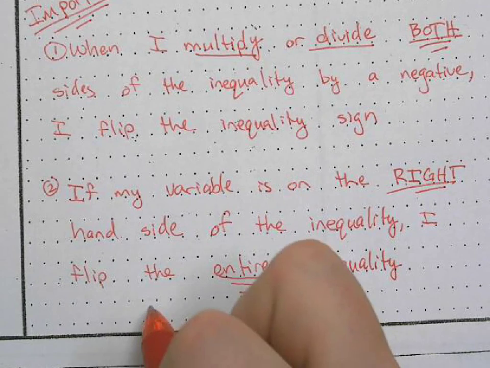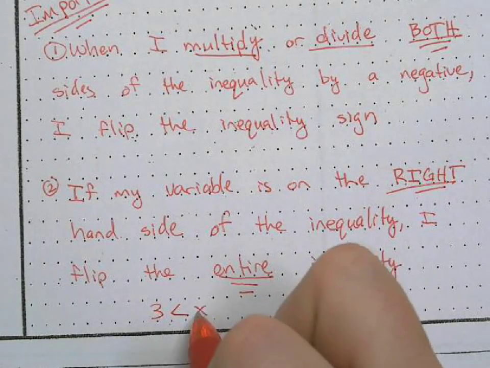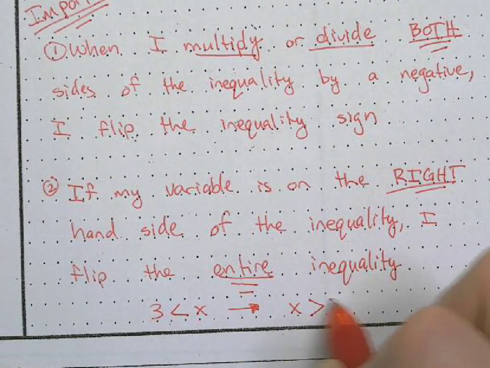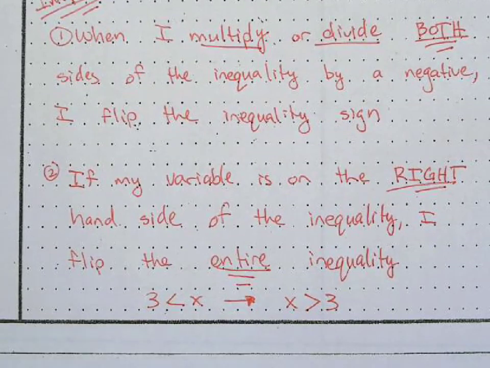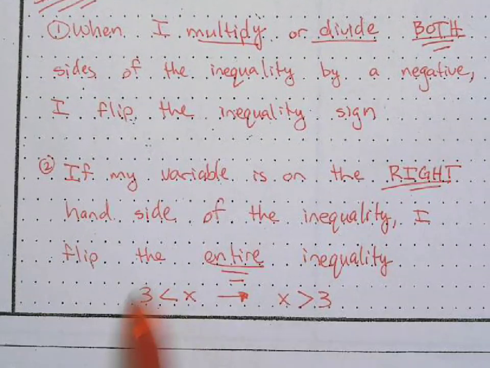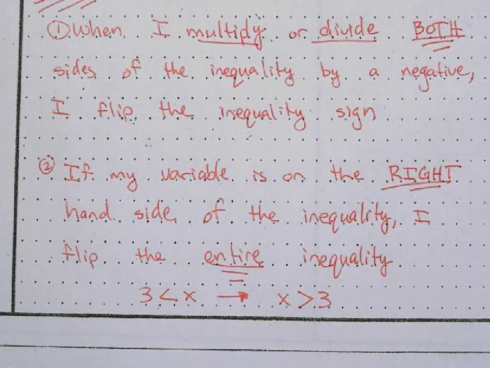So what this would look like if I had 3 is less than x, I would flip it so that x is greater than 3. So that's what I mean by flip the entire inequality, not just the sign, but we're flipping the whole expression.